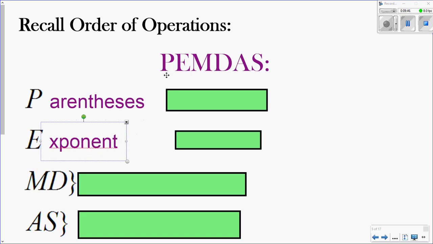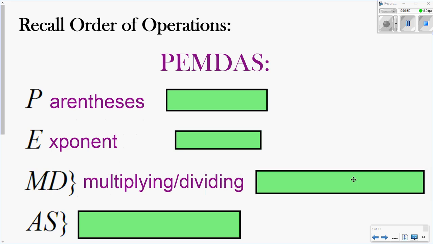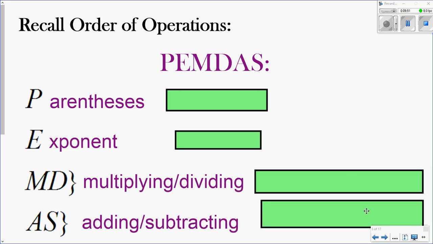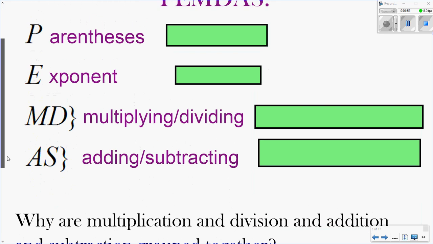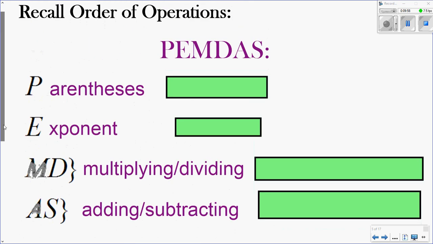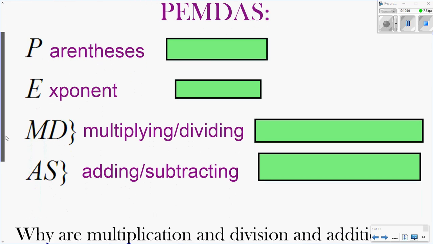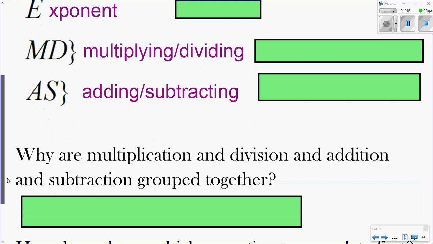And the next ones are multiplying, dividing, and adding and subtracting. PEMDAS. So if you remember that, then this will help you to solve that problem that we did in the last slide in order to get to our correct answer.